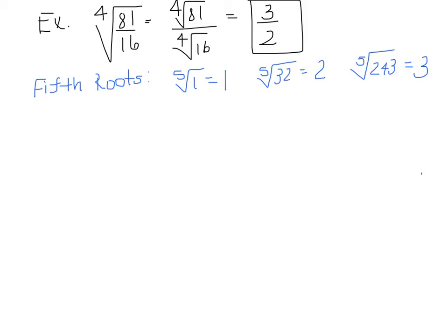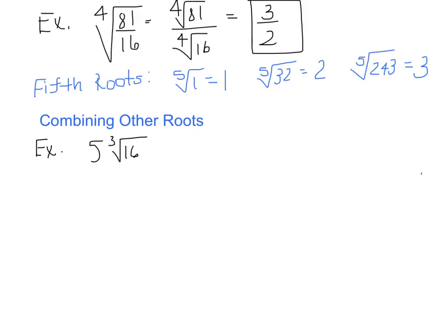Now, let's see what happens when we combine by adding and subtracting. Okay, so same thing that applies with the square roots. The radicals have to be the same, and we're only combining what's in front of the radical. So if you notice, I have a 16 and a 2. So I'm going to break this one down using 8 times 2, because I know 8 is a perfect cube.